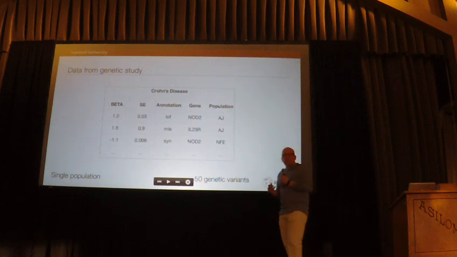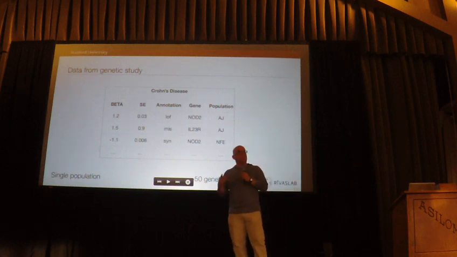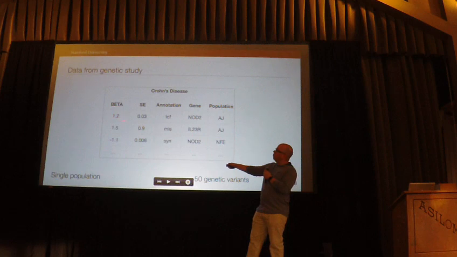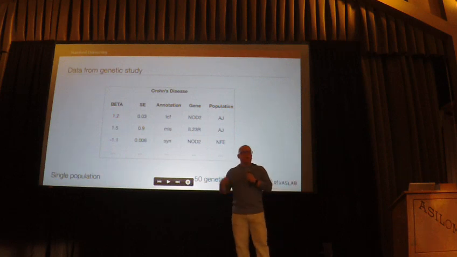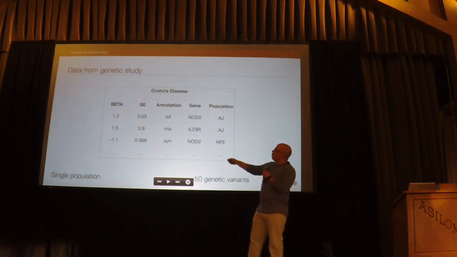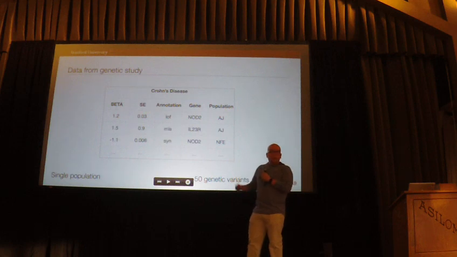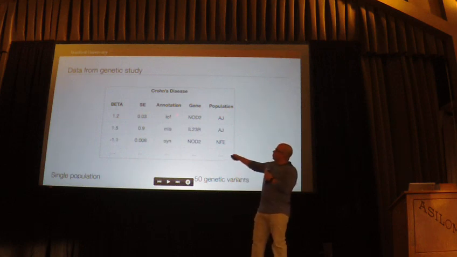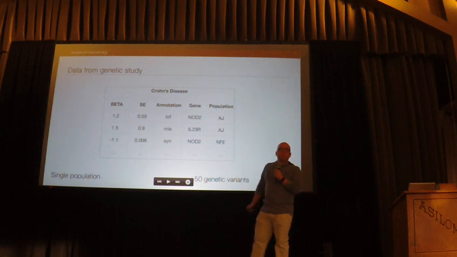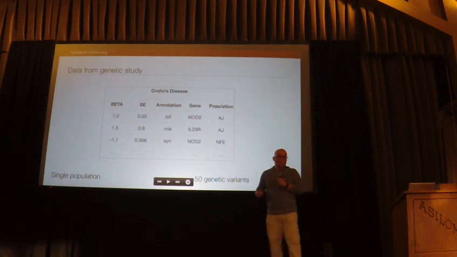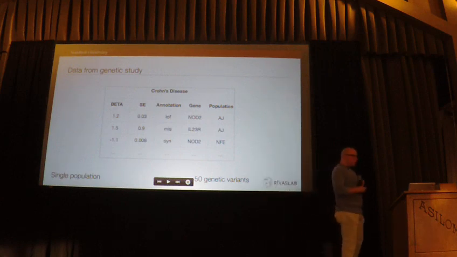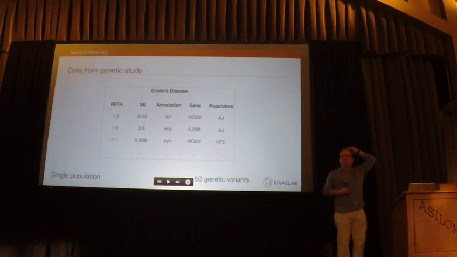Somebody has gone ahead and applied some logistic regression analysis to the data, and for each genetic variant in the genome, they give you some reported effect size estimate along with a standard error for that effect size. You can obtain the annotation or predicted functional consequence of that particular mutation. You know about the gene and the population that it came from. So this lends itself nicely to a lot of the more advanced statistical modeling that Stan affords.